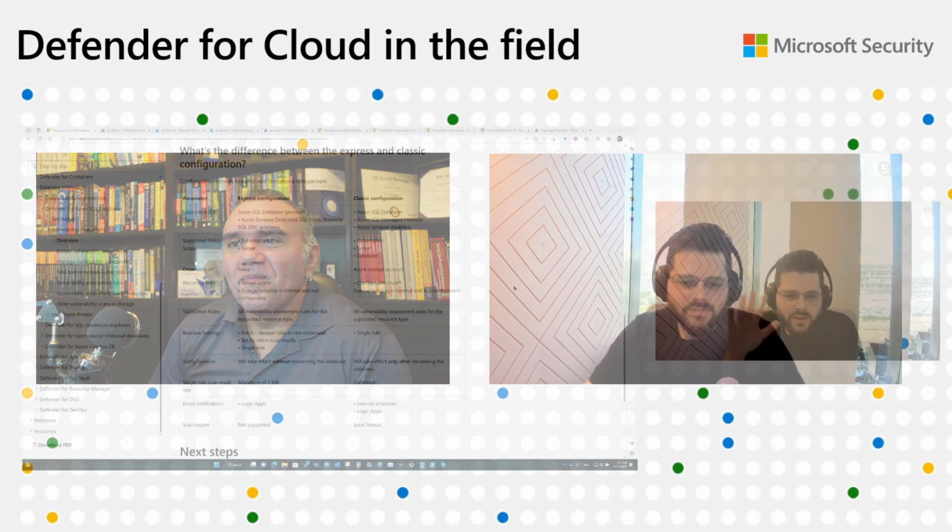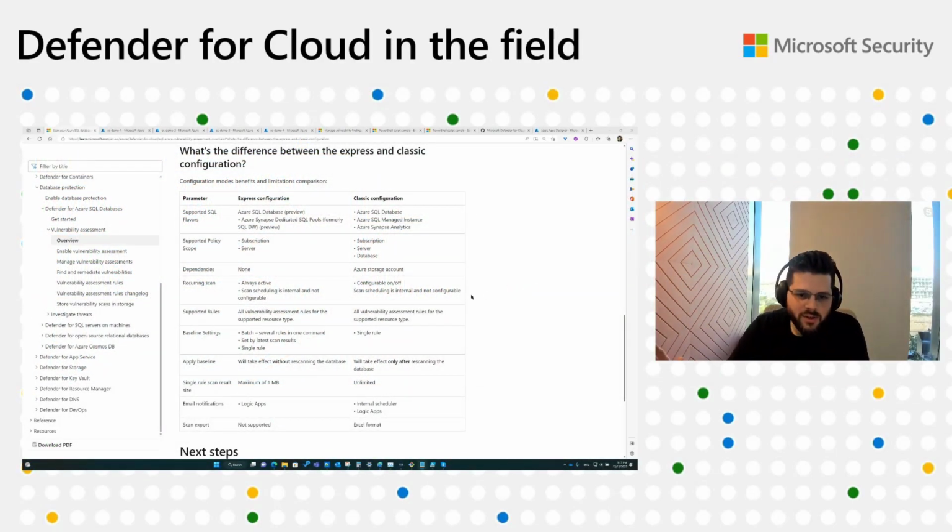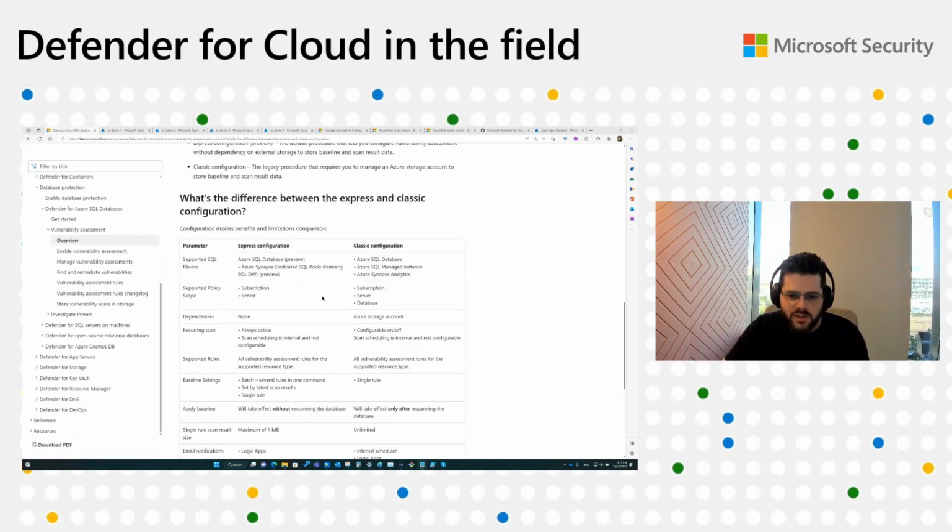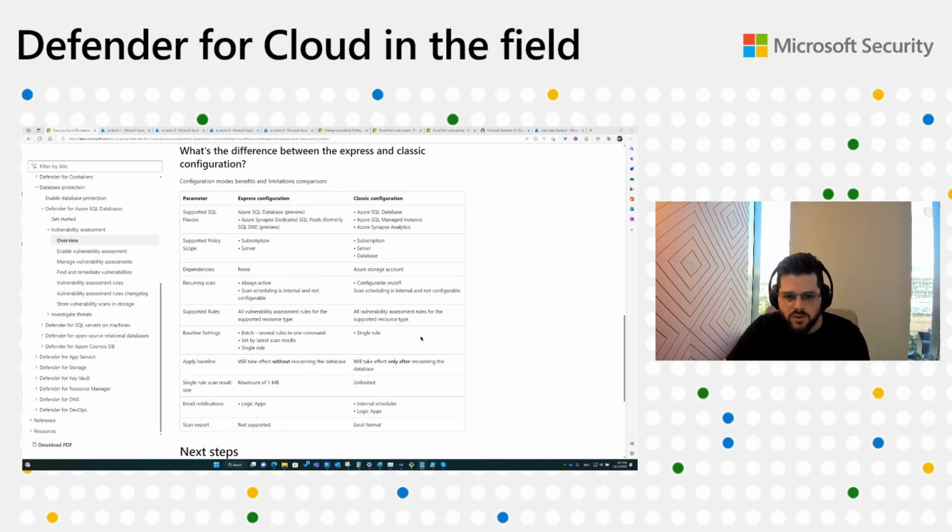Let's demo. First, I wanted to mention that we revamped the documentation a bit to support the classic configuration and express configuration. We added in the overview page a comparison between the two experiences, so you can go through it and choose if you want to switch or not.